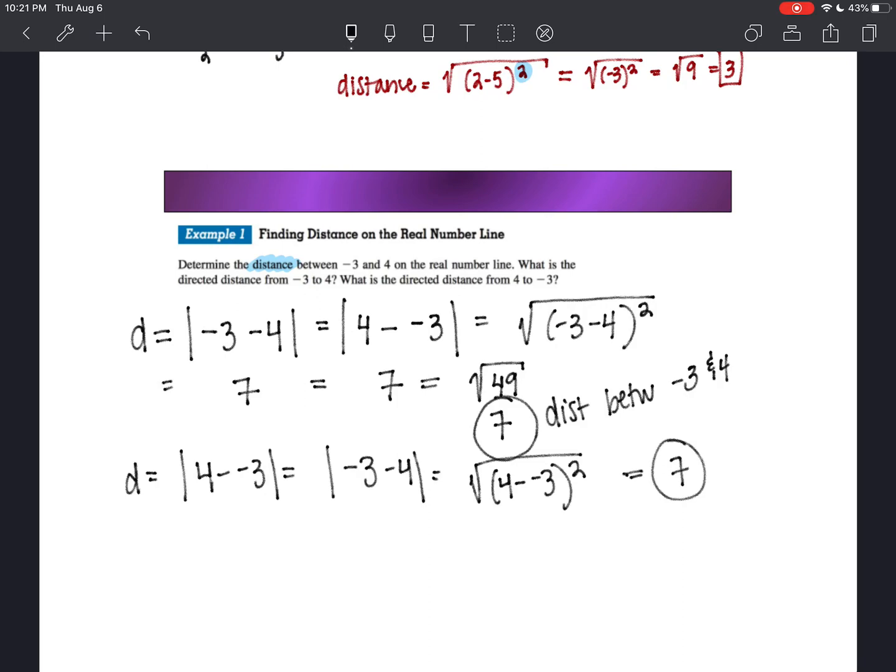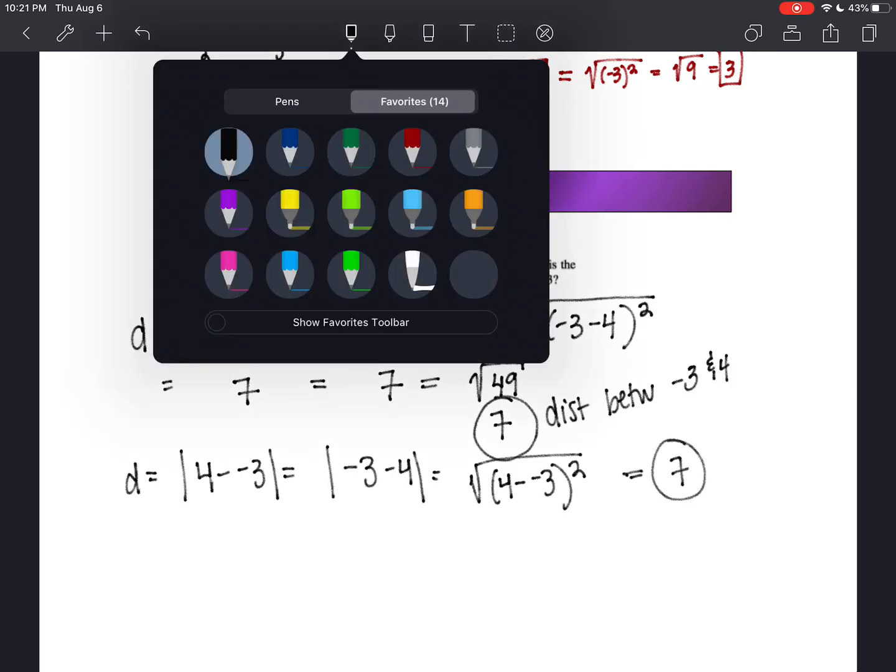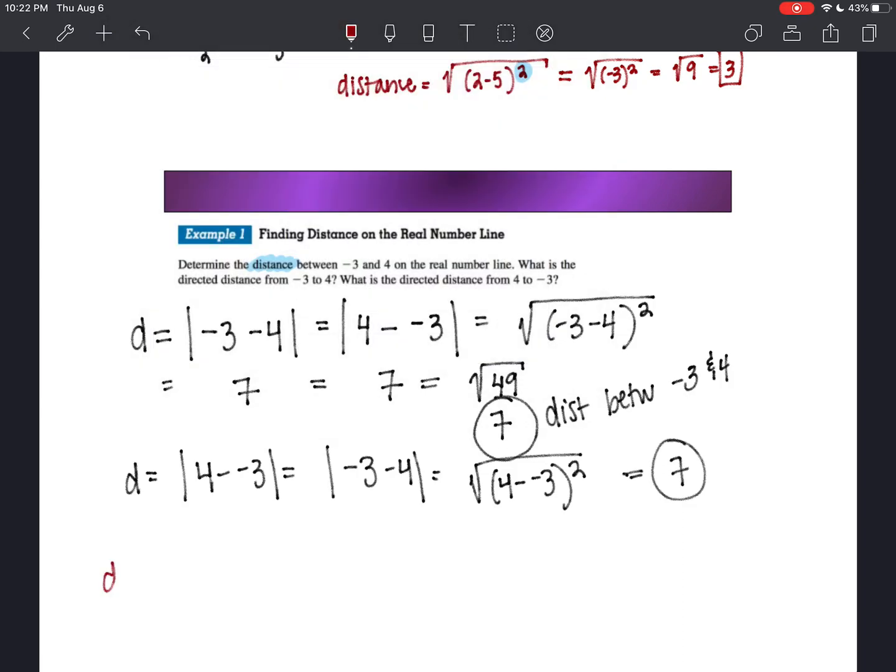Now, what is the directed distance? The directed distance from -3 to 4 is equal to a +7, because going from -3 to 4, you're growing positively.